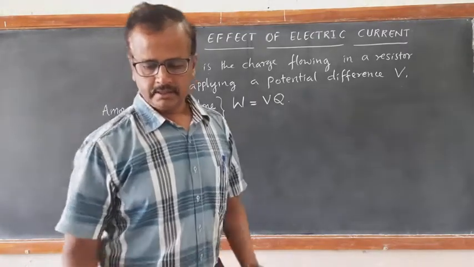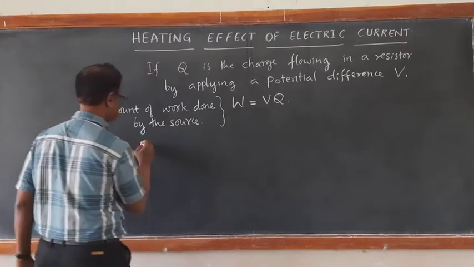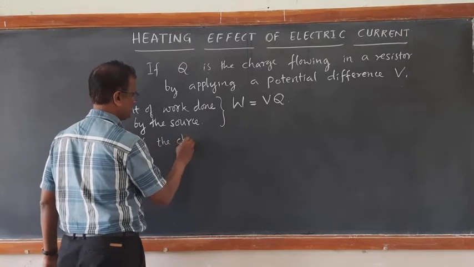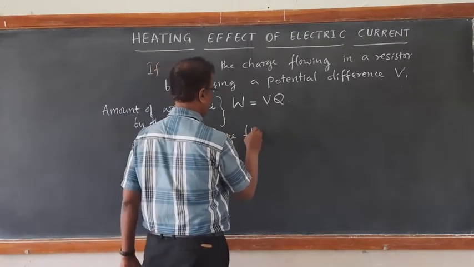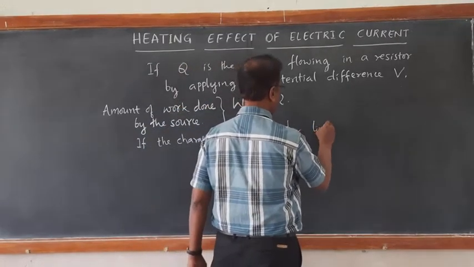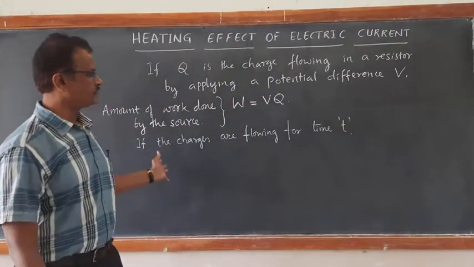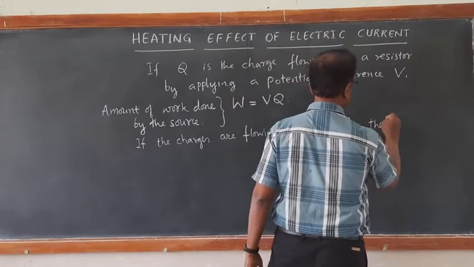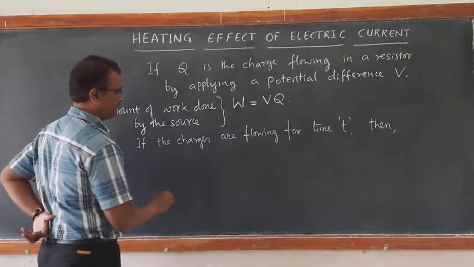Right? Then if the charges are flowing for time t, we calculate the work done per unit time.